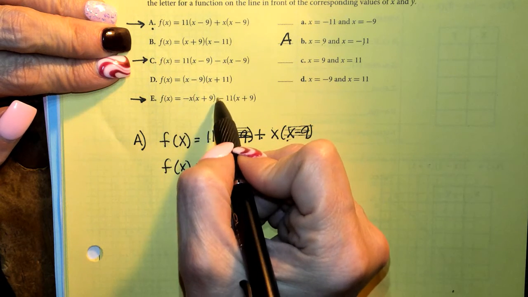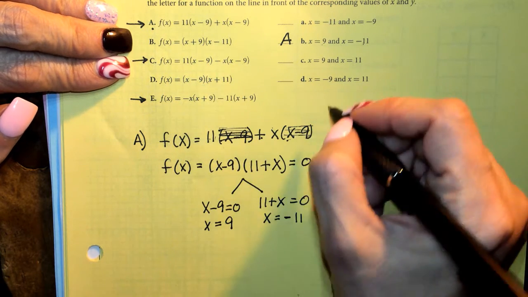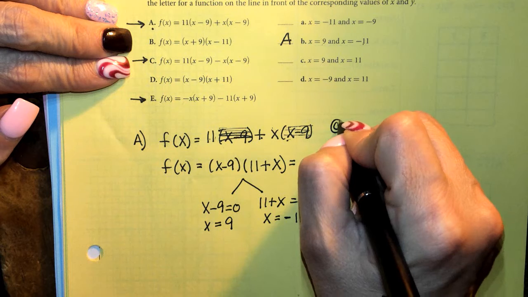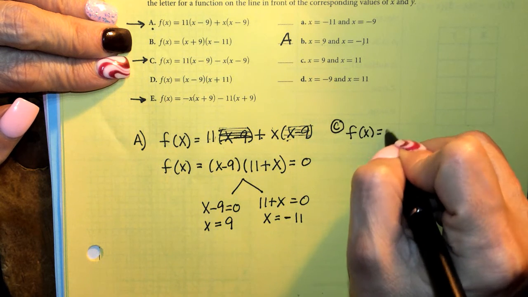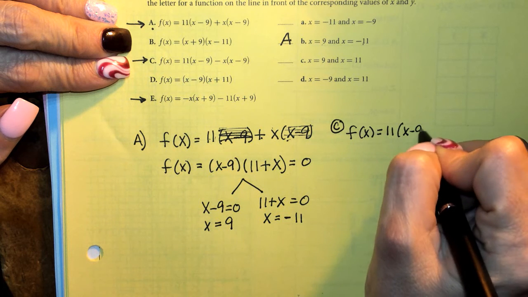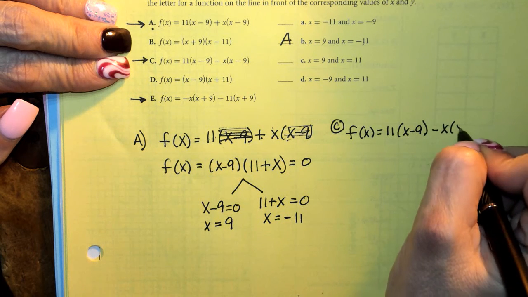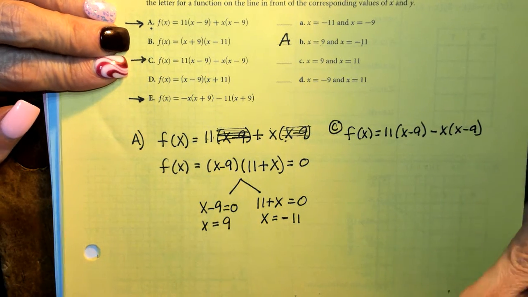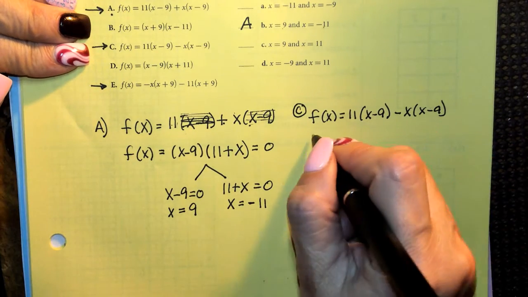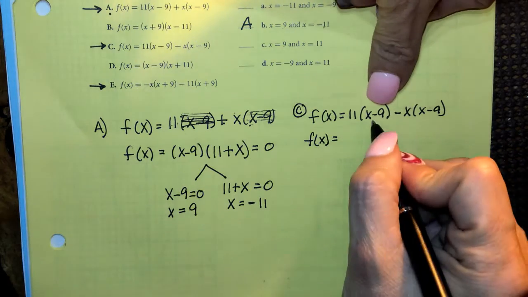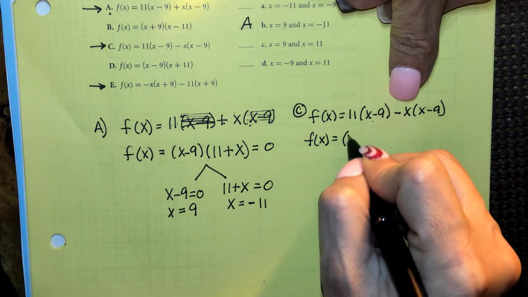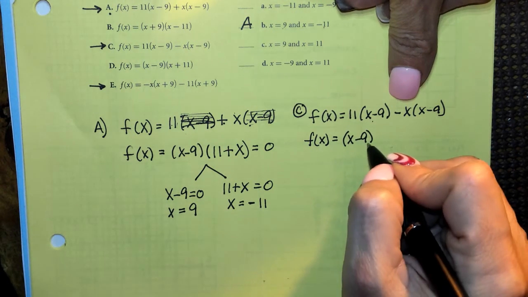C and E both have this negative in the middle, and so that's a little bit more confusing. So let's do this. f of x equals 11 times x minus 9 minus x times x minus 9. Could I put these in my calculator? Absolutely. x minus 9 is in both of them, so I'm going to pull that out.